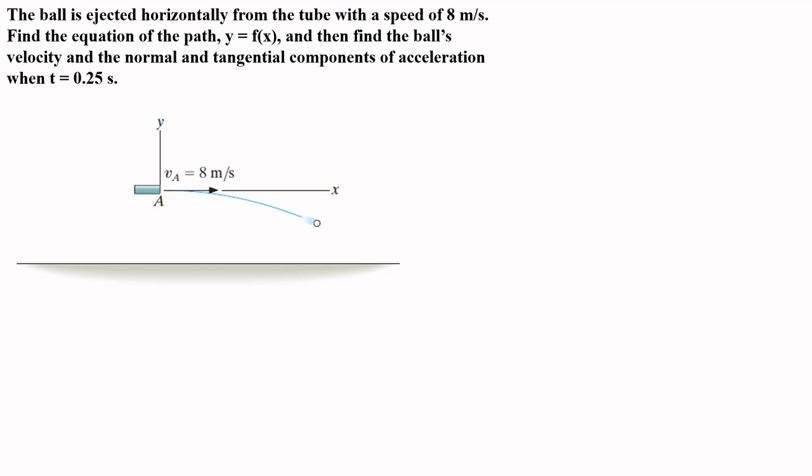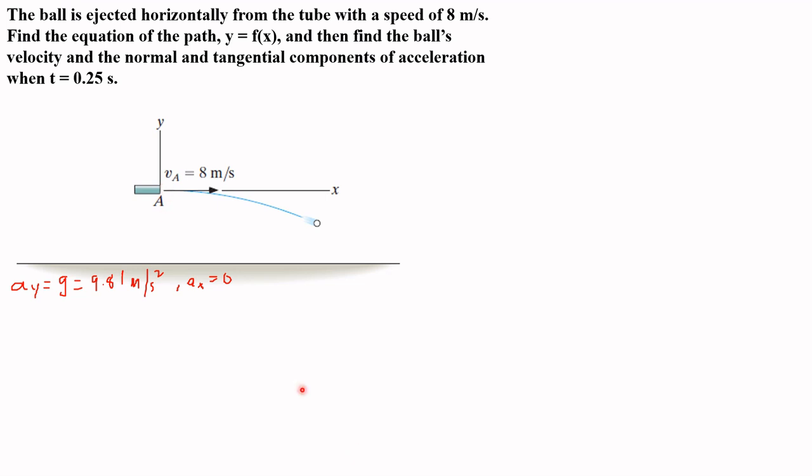So now I can say ay is simply g, 9.81 meters per second squared, and there is no acceleration in the x direction. So the velocity in the x direction will remain the same. The only thing that will change is the velocity in the vertical direction.